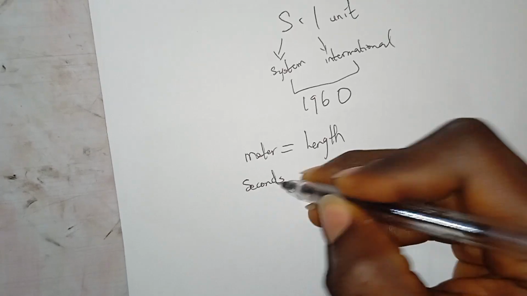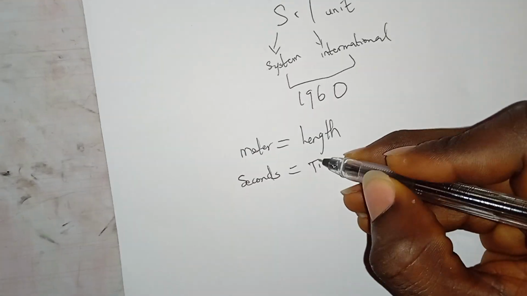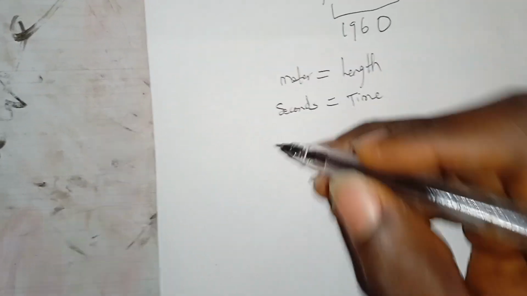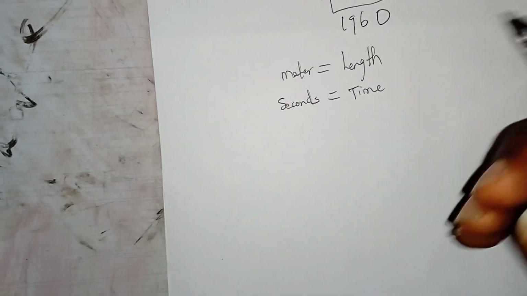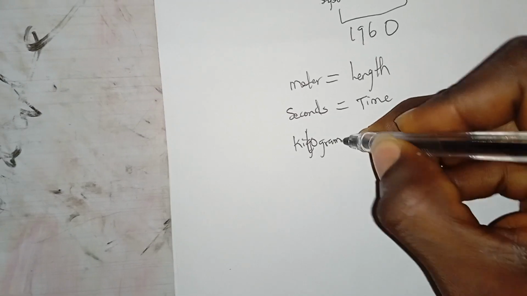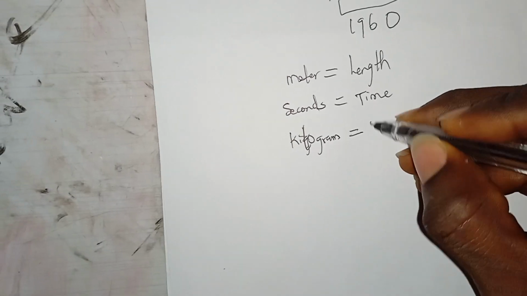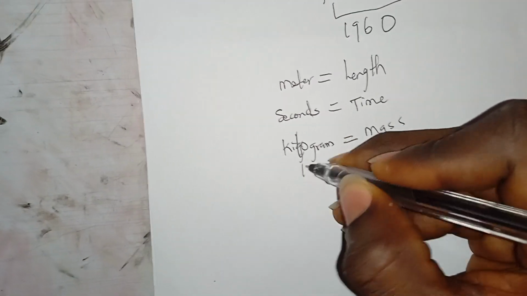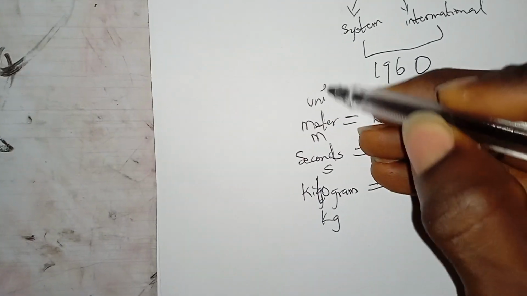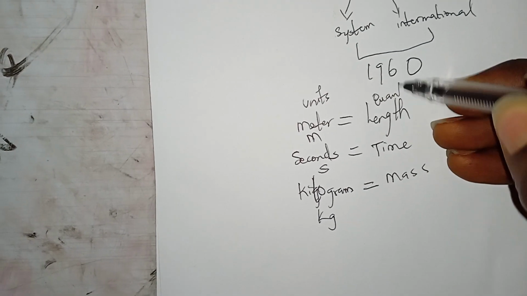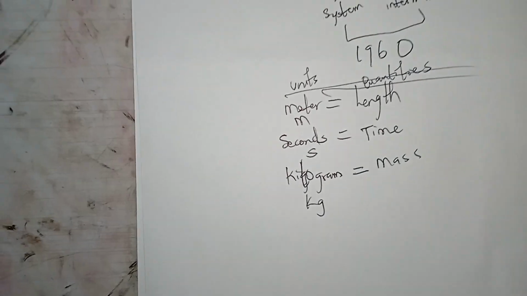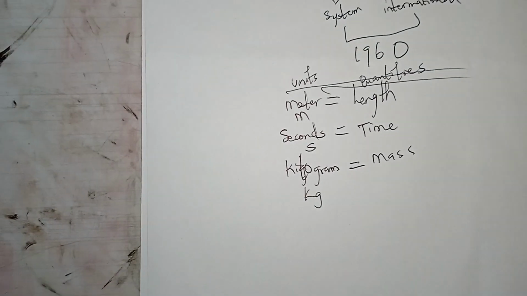Seconds should be used as the unit for time, and kilogram should be used as the unit for mass. So you know that this means kg, s, and m. So these are the units. These are the quantities. So that was the agreement.